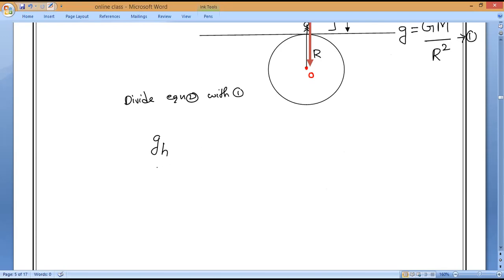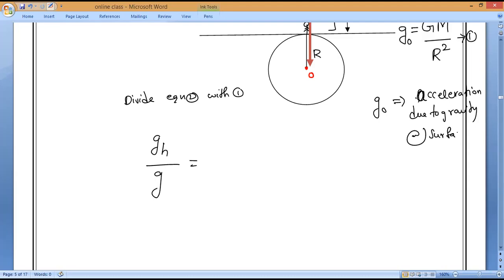What will come? g_h divided by g. Or else you can consider at the surface g naught. g naught means the acceleration due to gravity at where? At the surface.